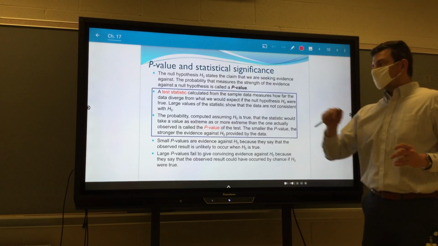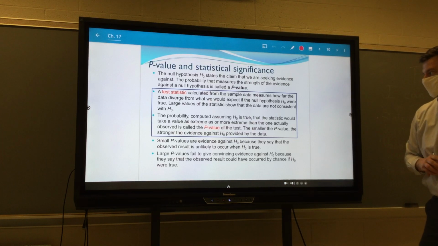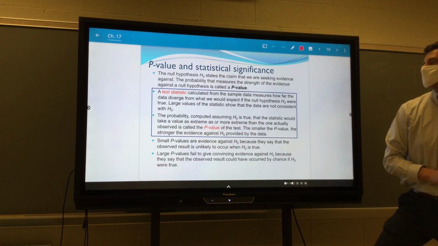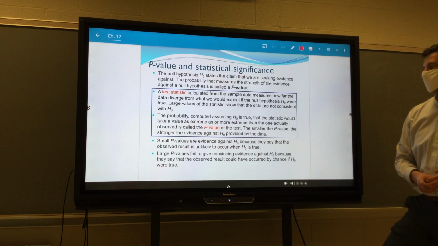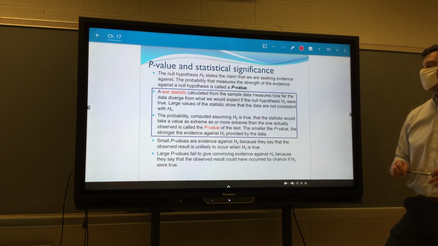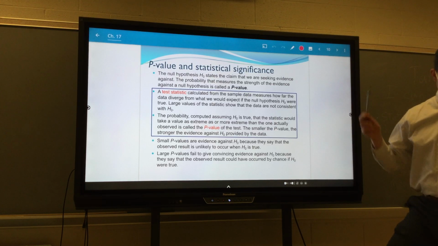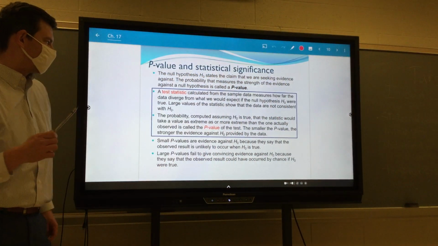Now, the test statistic calculated from this sample data measures how far the data diverge from what we would expect if that null hypothesis is true. Large values of this test statistic show that the data are not consistent with the null hypothesis, H sub 0.